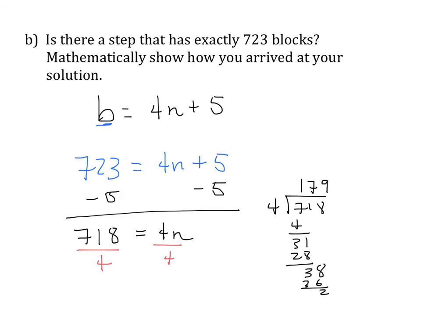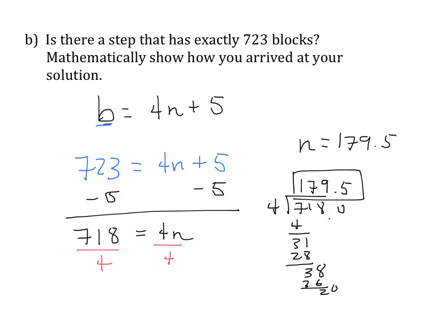So 179.5. 4 times 5 gives you 20. And we certainly look at that quotient here. What that means is we have really step 179.5.